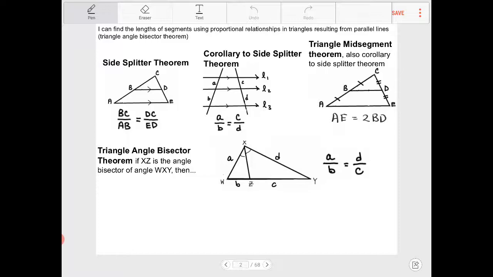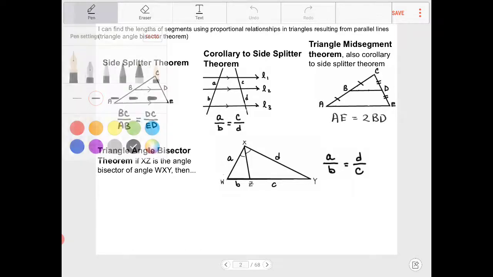As a result, the proportion between the left leg and the left partition will be equal to the proportion on the right side, divided by the right leg, which simply states A over B is equal to D over C.